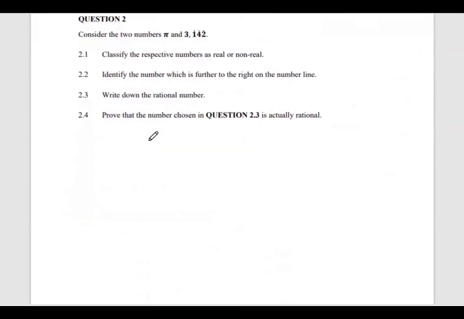Okay, let's look at question 2. We have 2 numbers, okay? There's a pi, and then there's 3.142, telling us these 3 numbers are recurring. Can we classify the respective numbers as real and non-real?